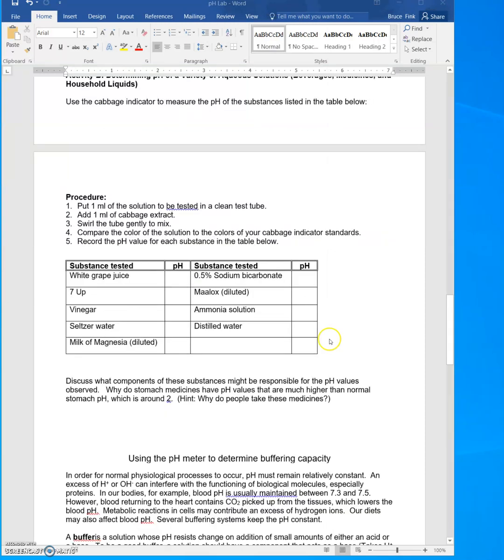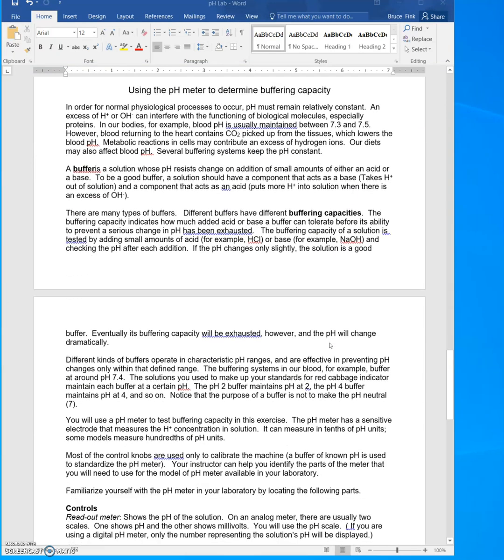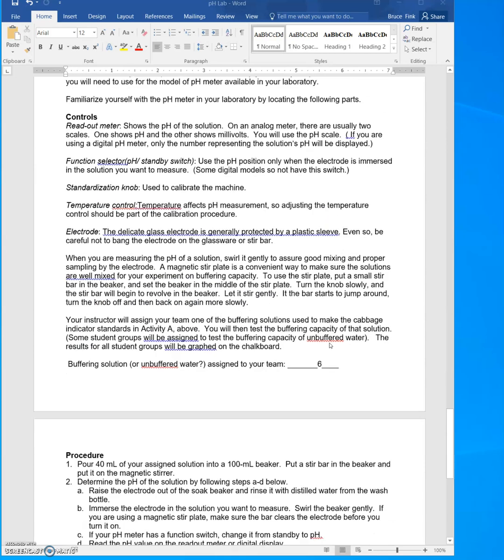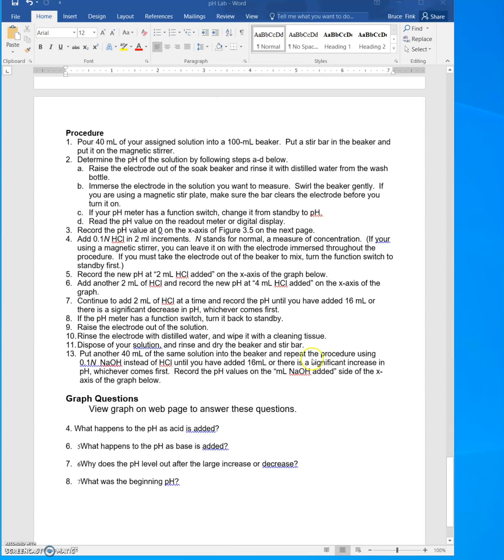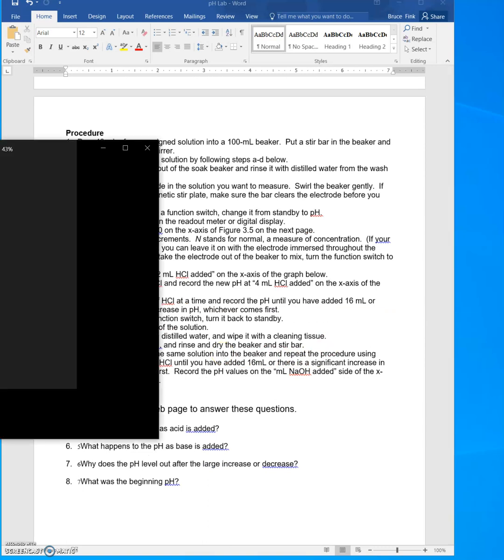There are some questions near the end to answer. Questions 4 through 7. Let's take a look at those. And for questions 4 through 7, that refers specifically to the graph.